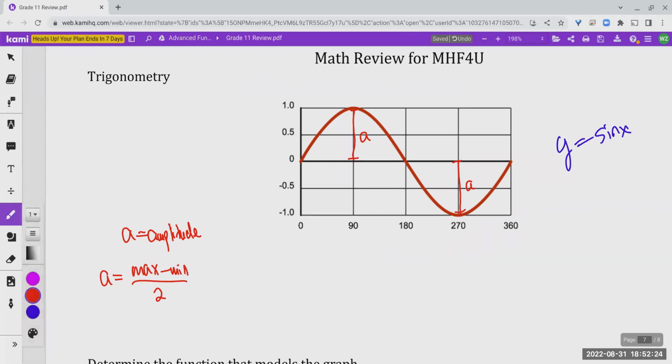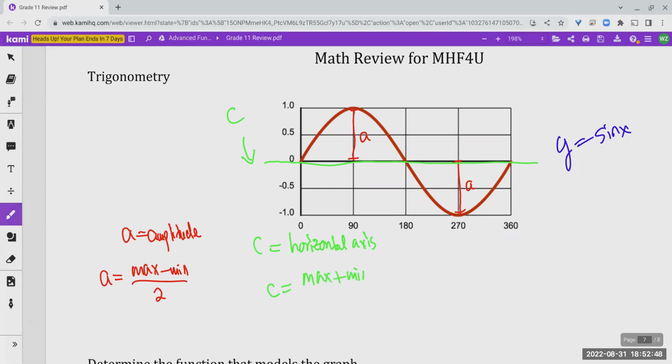Okay. We also learn about the horizontal axis. That means the axis, the middle line that cuts the graph exactly in 2. Okay, and there's a formula for that as well. That is just the average of the max and the min, so max plus min over 2. We also learned the period.